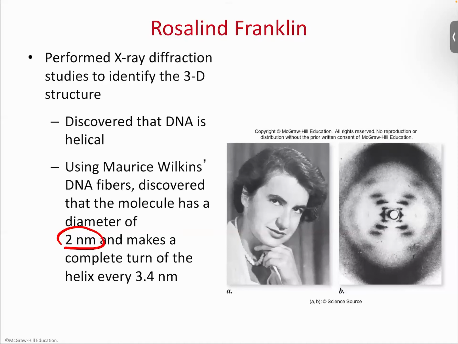She was getting some of the vital stats about the size of this helix. She also noticed that it makes a complete turn, so it's a twist, every 3.4 nanometers. So she laid down some of the important parameters of it. But as it turns out, this little X-ray crystallogram turned out to be the key piece to the puzzle.